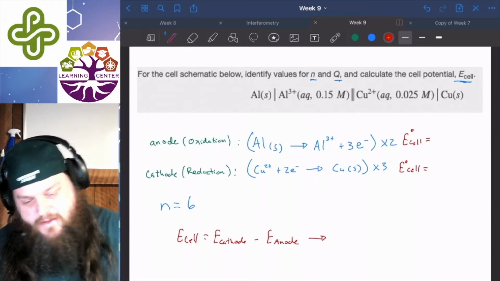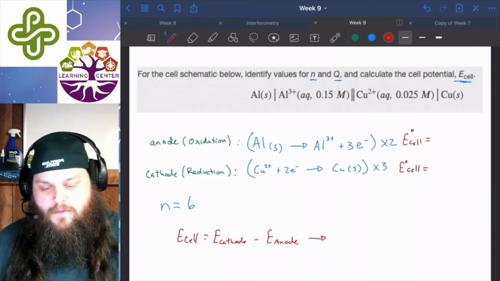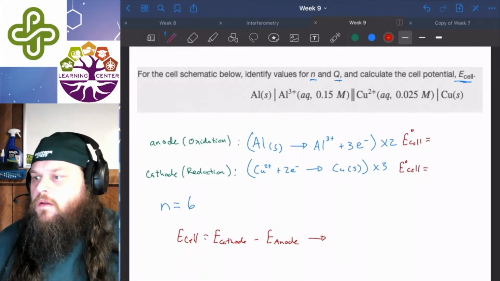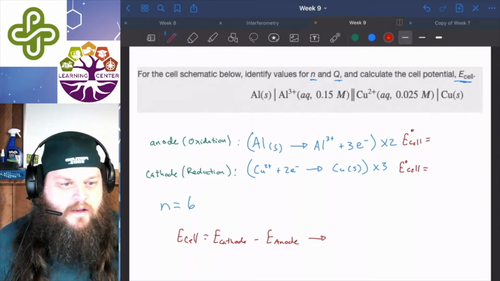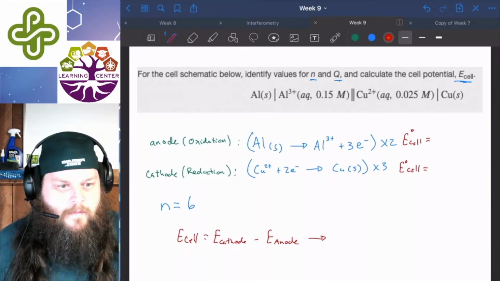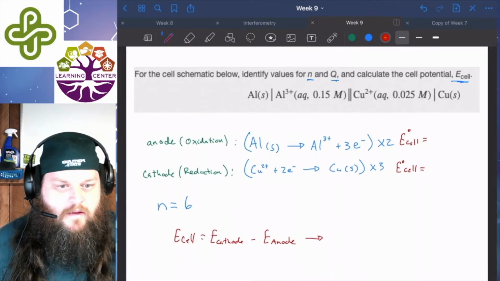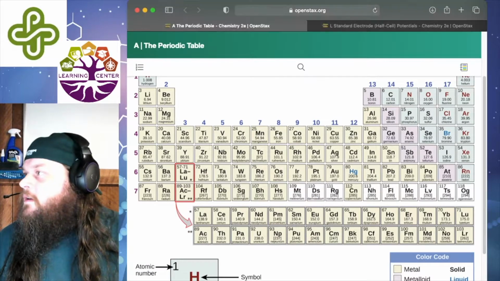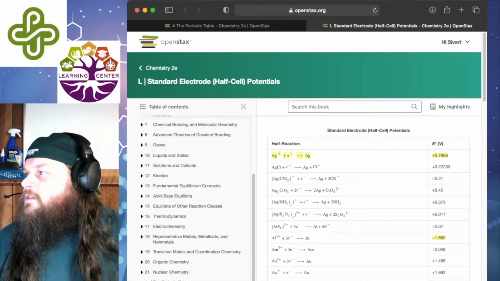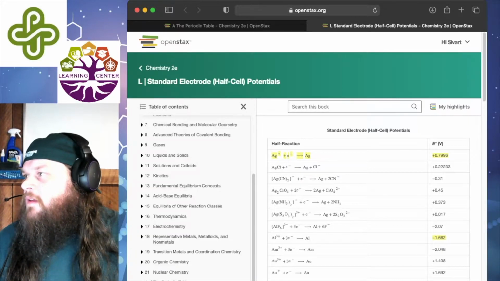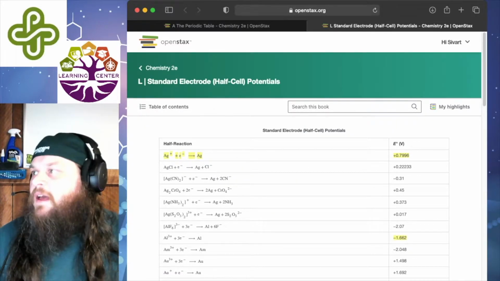So in this case, let's go find out what those are. I'm going to go to the textbook here. Switch it over so you can watch me. Go to the browser. There we are. In the textbook, Appendix L has the standard electrode half cell potentials.